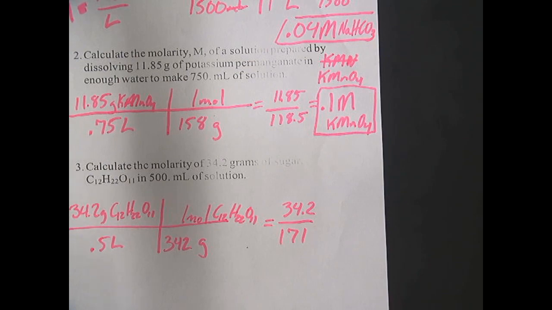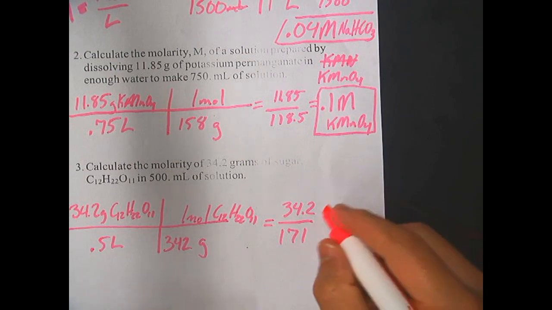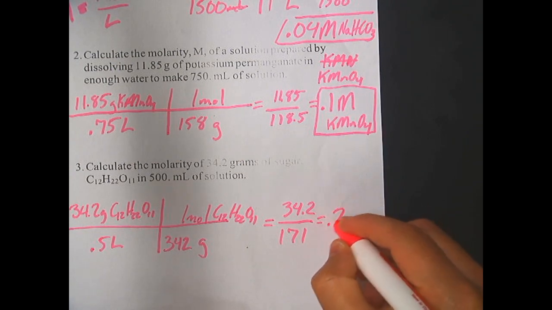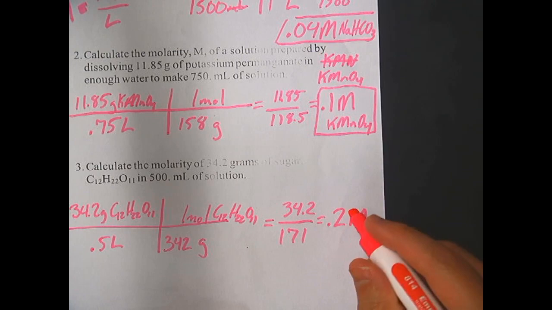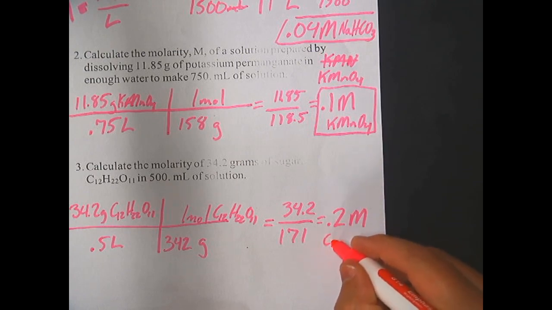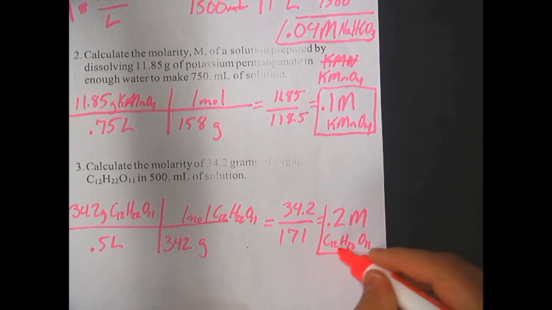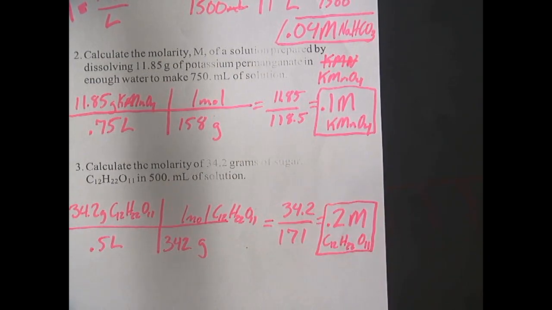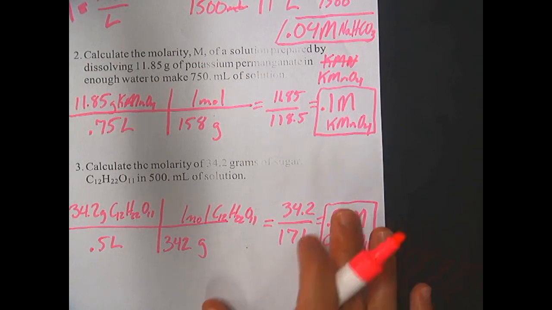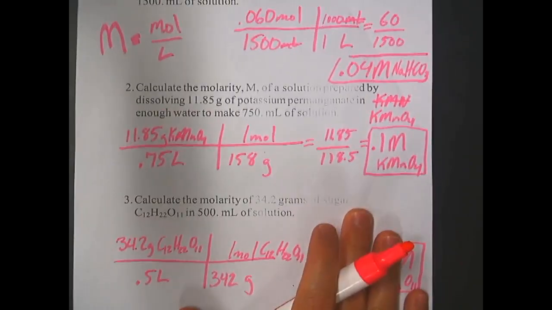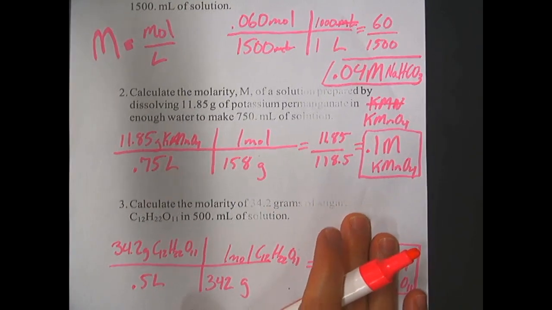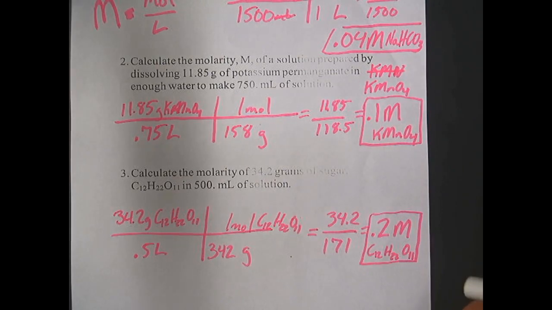So 34.2 divided by 171 gives us 0.2 molar C12H22O11. There you go. Pretty simple. Again, this is the first type of question where it's simply going to ask you to calculate the molarity. And all you need is moles per liters.